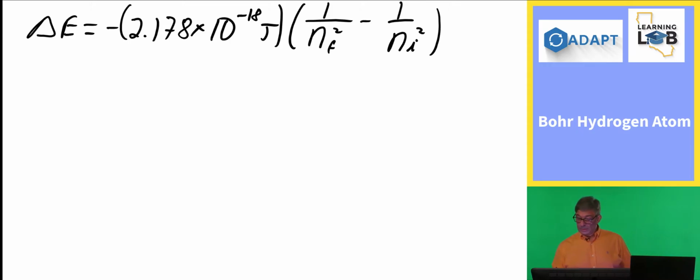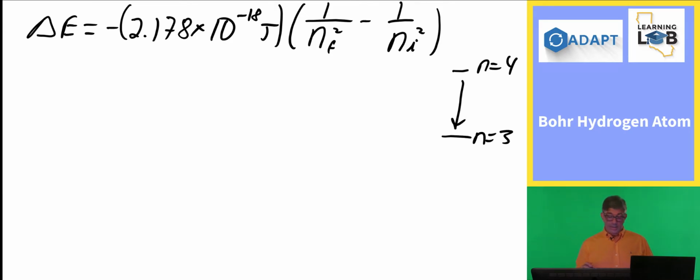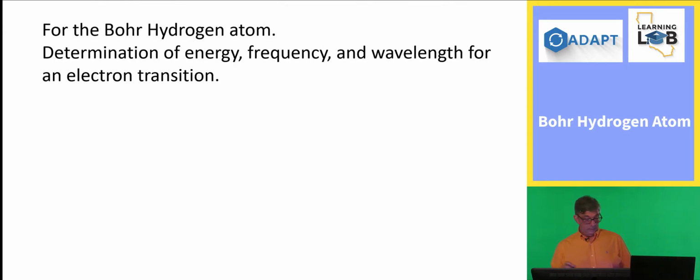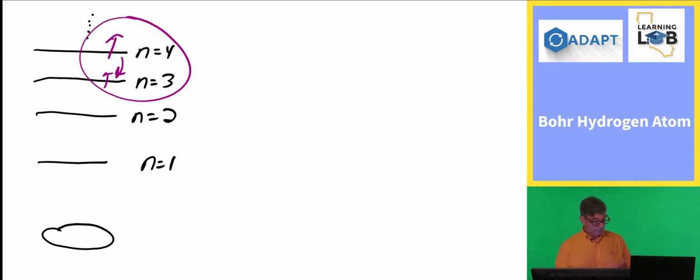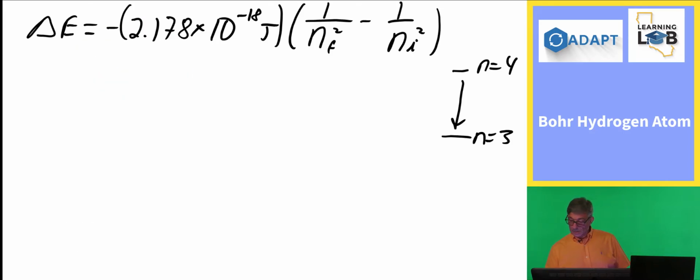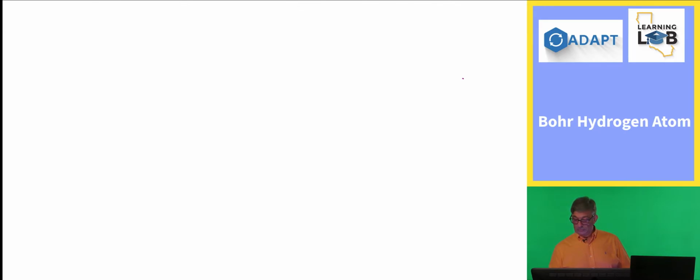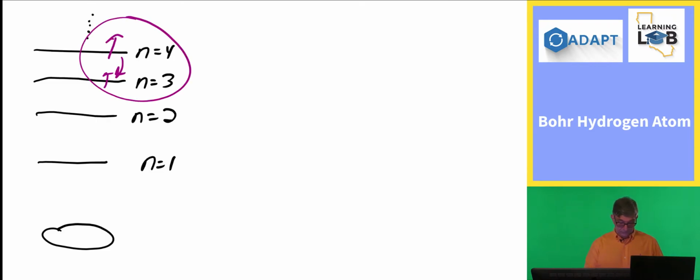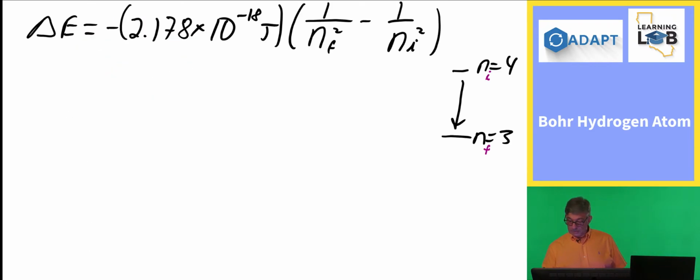In our case, we're looking at an electron that's in the fourth energy level going down to the third energy level. So the initial n level is the fourth energy level, and the final energy level is the third energy level. The electron is transitioning from a higher energy level down to a lower energy level.